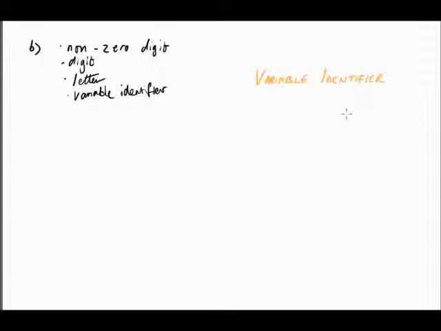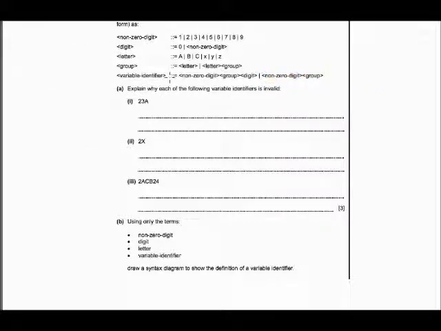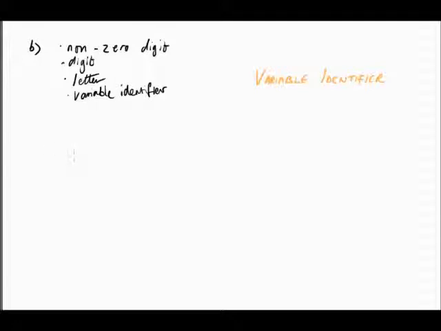Okay, so what are the rules that make up our variable identifier? We said from the mark scheme that it has to be either a non-zero digit, then a group, then a digit, or a non-zero digit and a group. So how are we going to draw that as a syntax diagram?